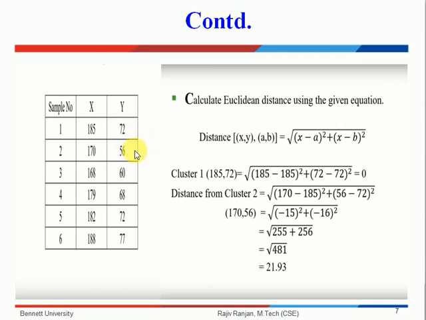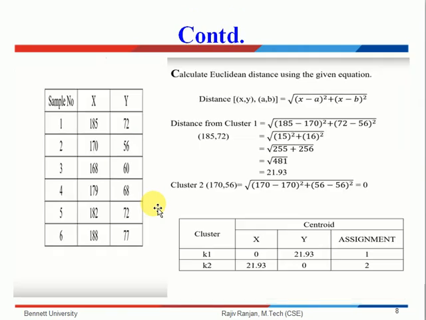Here is the computation: distance from cluster 1 for sample number 2, so it will be 185 minus 170 and 72 minus 56. After computing we will get 21.93.